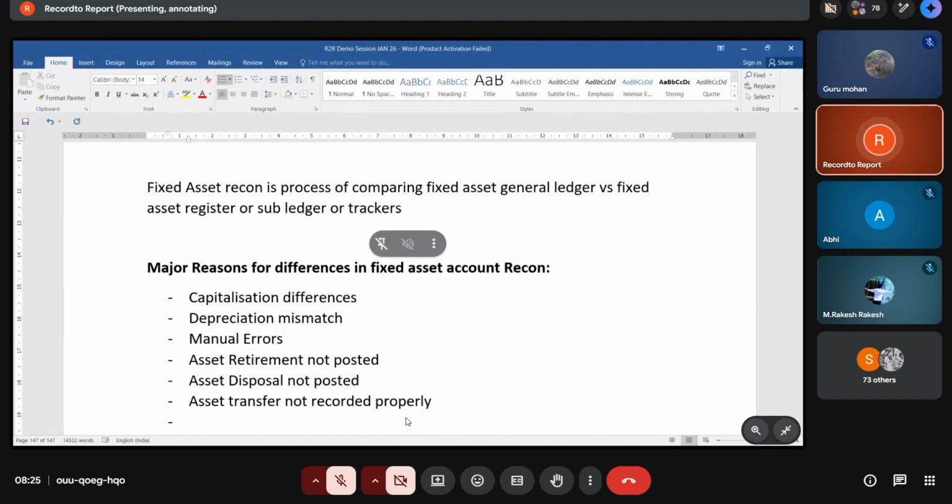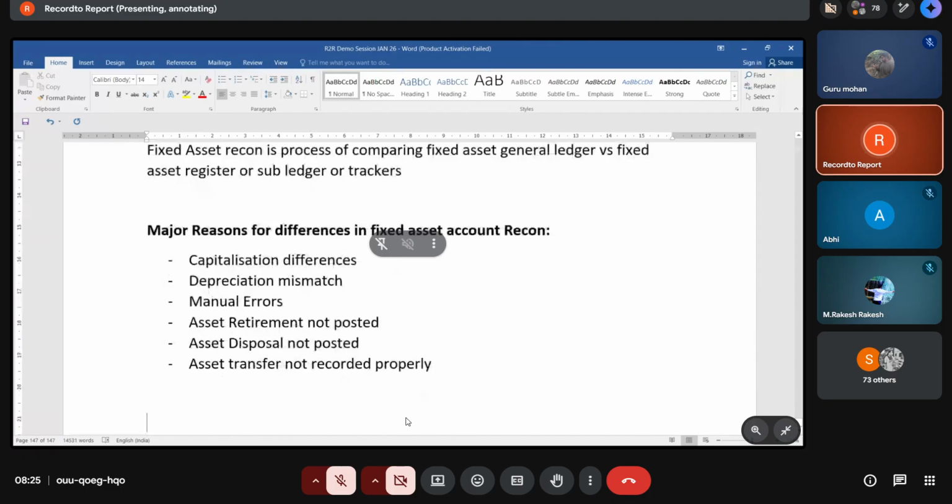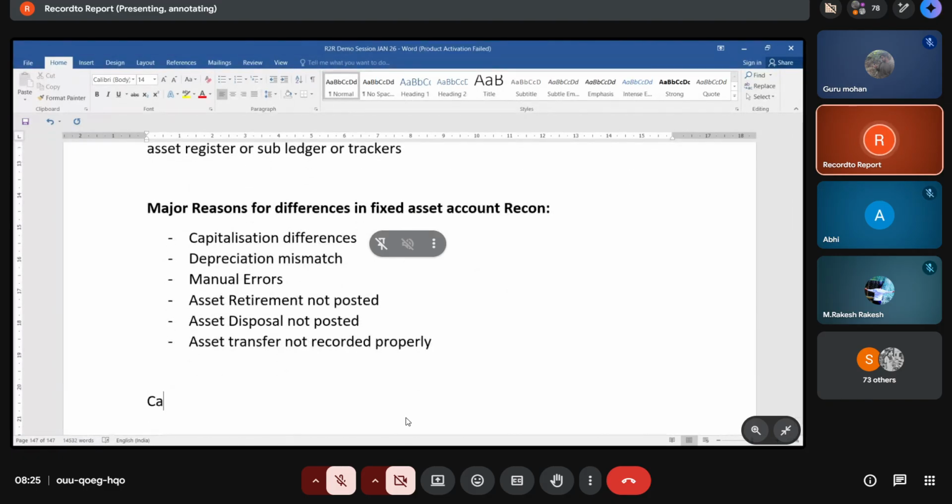So these are the various reasons for differences in fixed asset account reconciliation.